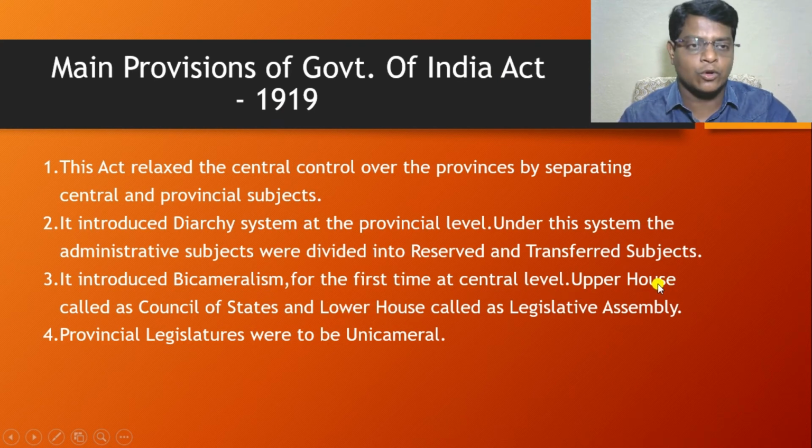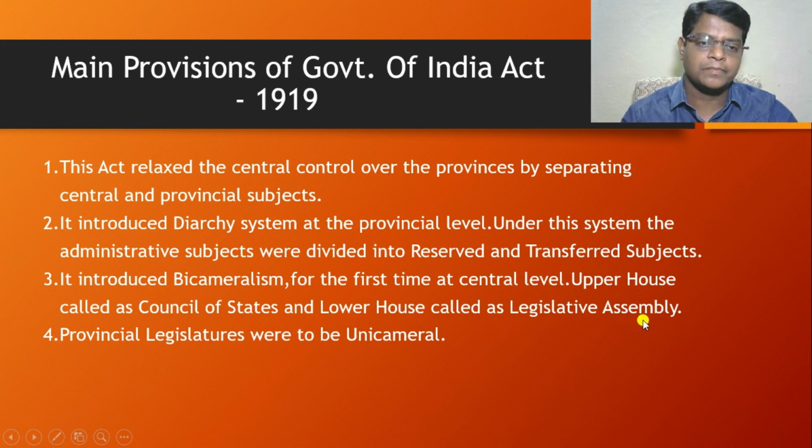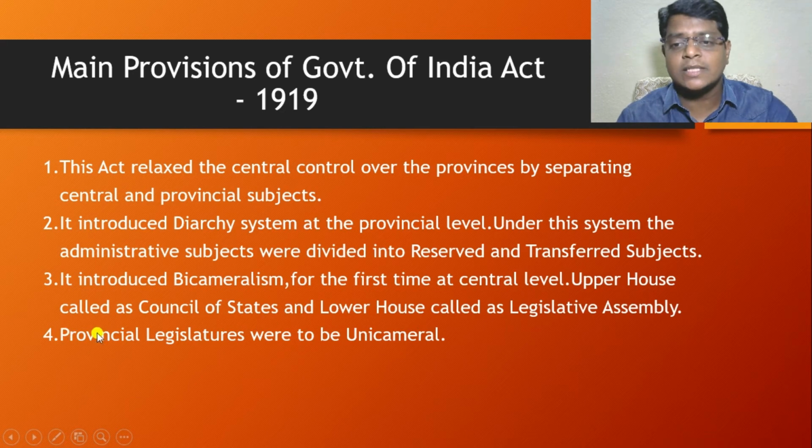Upper house is called the Council of States. Even now the Rajya Sabha is called the Council of States. Then the lower house is called the Legislative Assembly. And the next one is that provincial legislatures were to be unicameral.